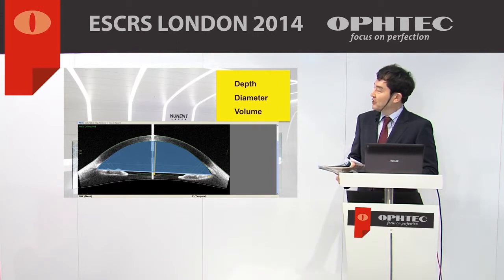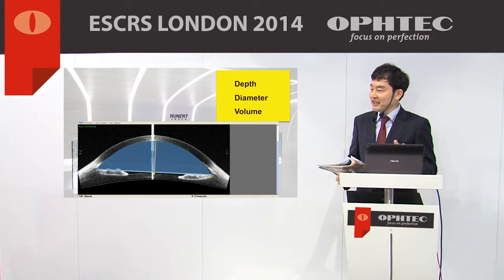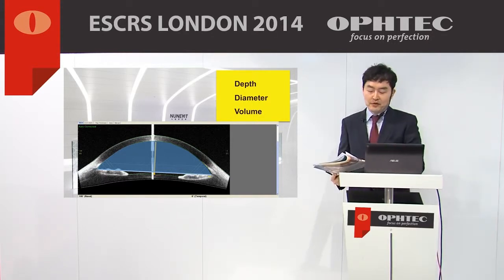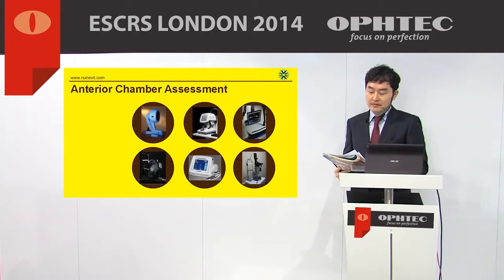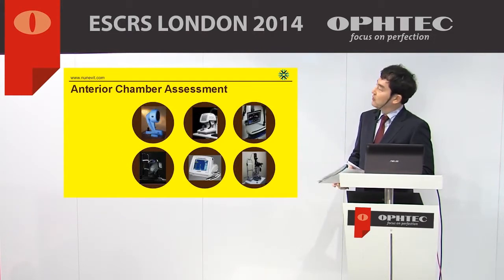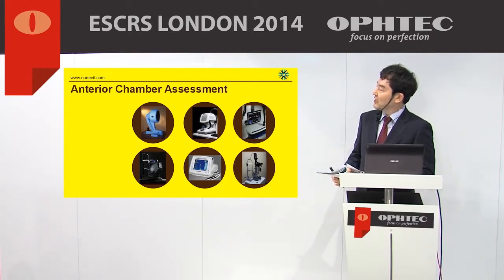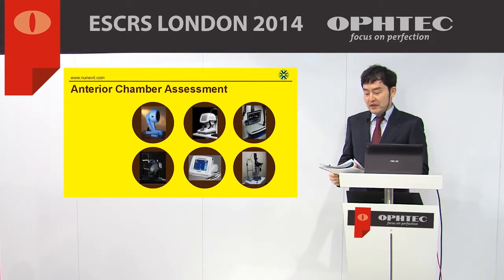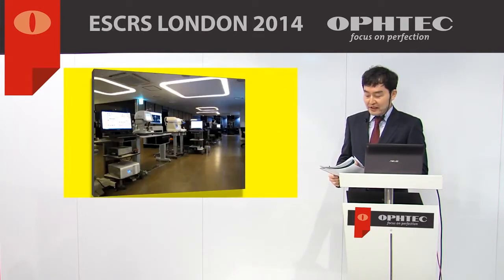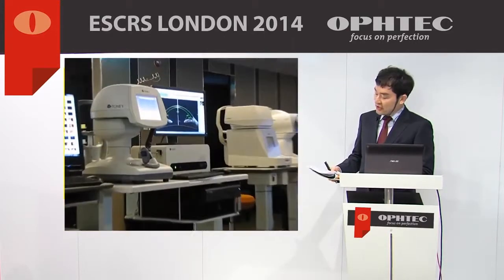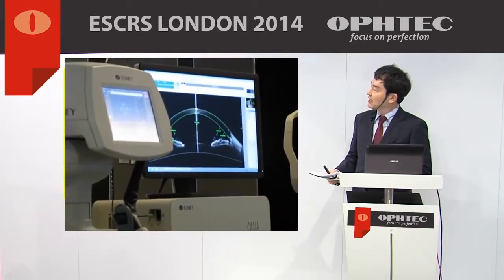Although diurnal variation has been observed in depth and volume, I don't think it is critical when selecting patients for Arti-Lens. There are different ways of performing anterior chamber assessment: measuring depth, diameter, and volume using Scheimpflug photography and OCT or UBM, or measuring depth only using A-scan or IR master. For anterior chamber assessment, I would like to mention Cassia OCT.